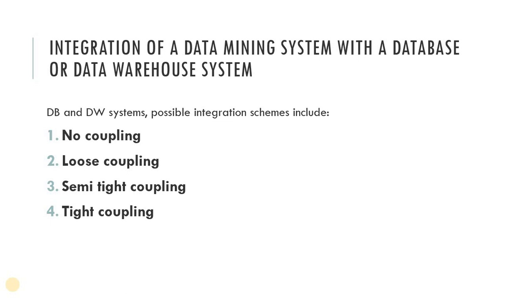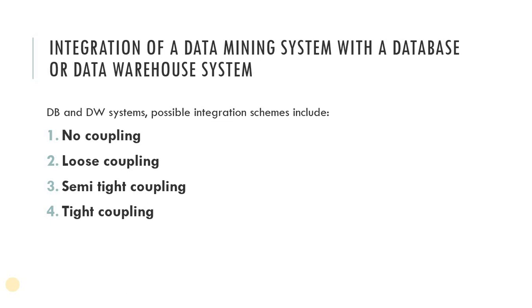Coupling, in simple words, means connecting parts, or a pairing of two items. So here, no coupling means we are not pairing or connecting the data mining system with the data warehouse. What happens in this type of system?